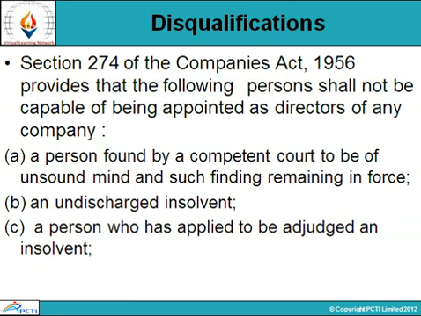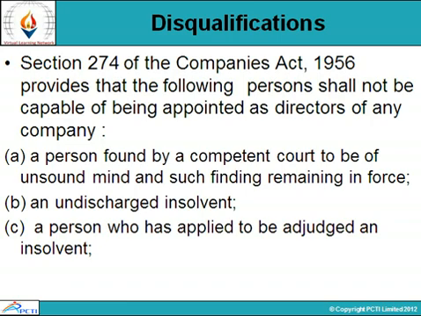Section 274 of the Companies Act 1956 provides that the following persons shall not be capable of being appointed as directors of any company. A, a person found by a competent court to be of unsound mind and such finding remains in force. B, an undischarged insolvent.